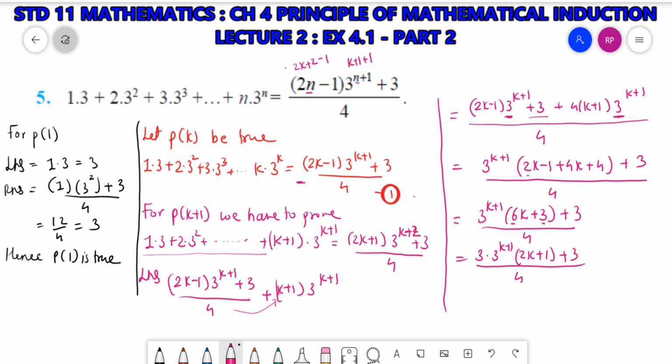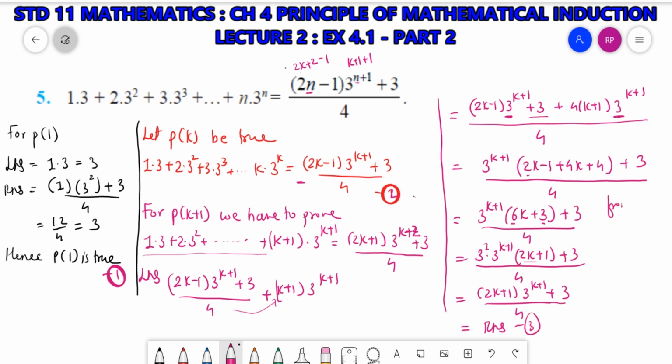Now see, 3 into 3 raised to k plus 1 means 3 is having power 1. So 1 plus k plus 1, 3 raised to k plus 2 into (2k plus 1). So I will write 2k plus 1 ahead, 3 raised to k plus 1, plus 3 upon 4. Now see, this is equal to RHS, right? Okay, so P of 1 is true. Name this as 1, this as 2, and this as 3.